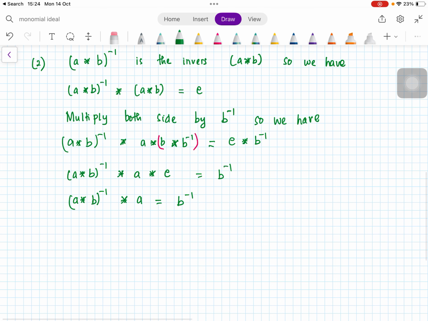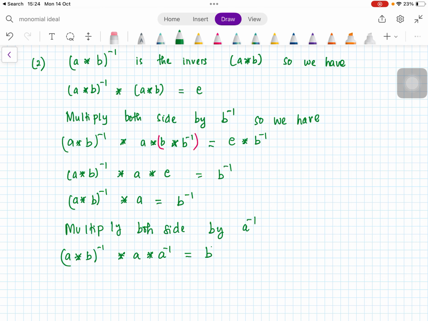And then we can multiply both sides by A inverse. So we have A times B inverse times A times A inverse equal to B inverse times A inverse.